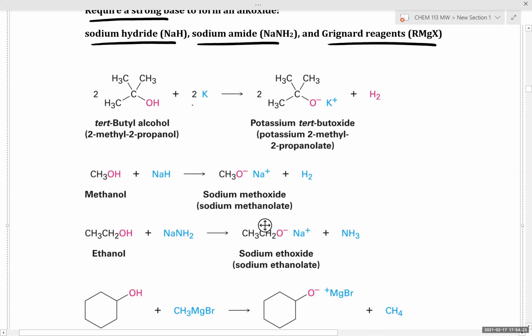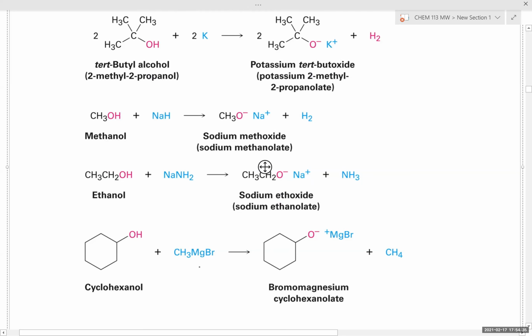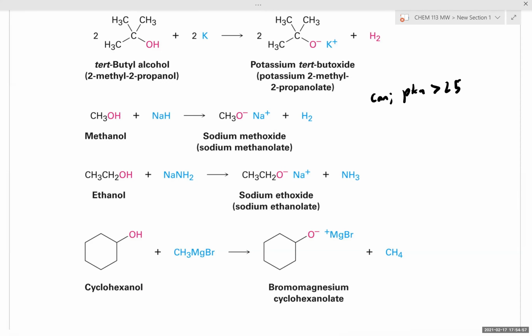As you see, you can use potassium or sodium metal, you can use sodium hydride, sodium amide also works, methyl magnesium bromide also works. Essentially, as long as you have a sufficiently basic reagent, with a conjugate acid pKa of greater than about 25, then that basic reagent is more than capable of pulling off your alcohol proton and generating an alkoxide.